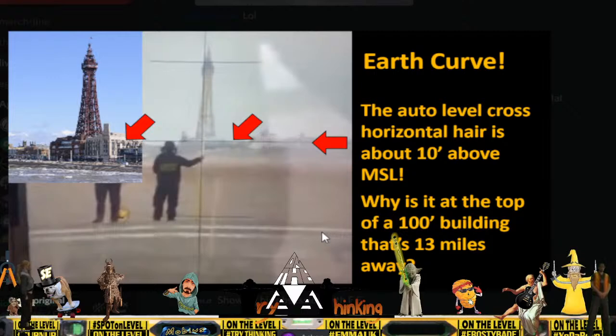We went there in order to show people that there was a claimed measurement of 3 millimeters over 1,500 feet, 500 meters. So what we went to do was to show people that you cannot measure a 3 millimeter deviance over that distance.